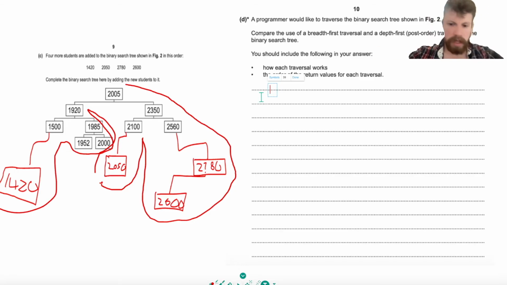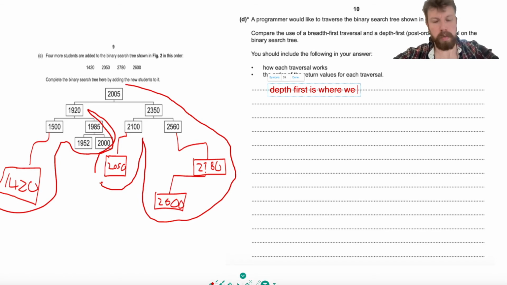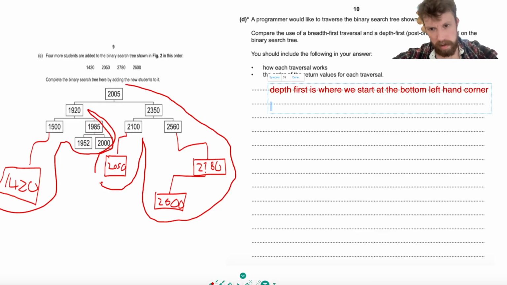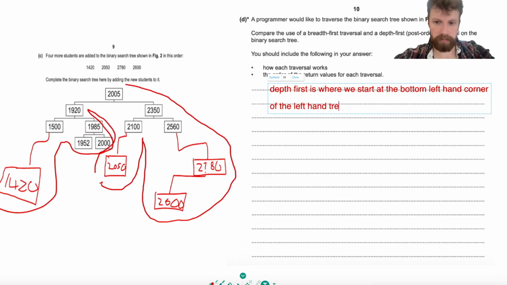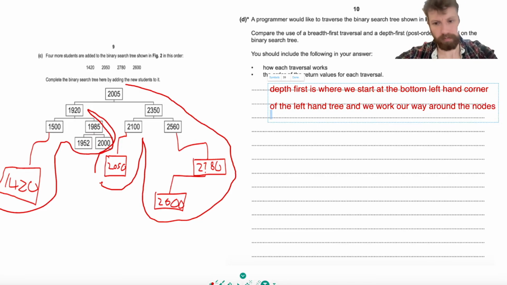So if we describe that, depth first is where we start at the bottom left hand corner of the left hand tree and work our way around the nodes until we finish at the root node at the end.